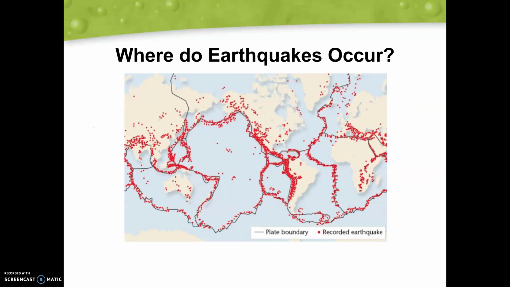We can see all these earthquakes occurring right here, where we have this really large clump of dots, which is going to be our San Andreas Fault. But you can see that many, many earthquakes have occurred at these plate boundaries. And we do see that some happen not so close to the plate boundary. Those are less common and usually less severe as well.